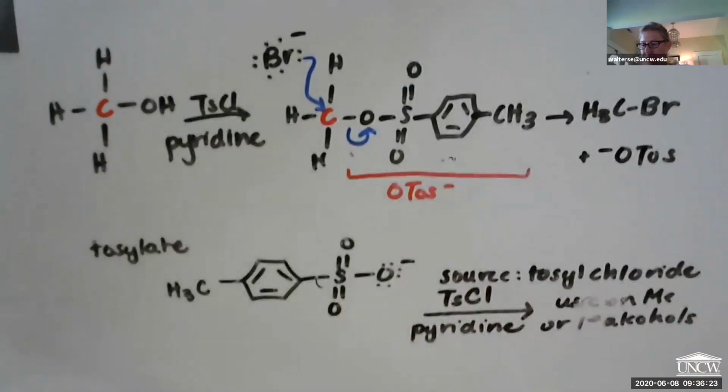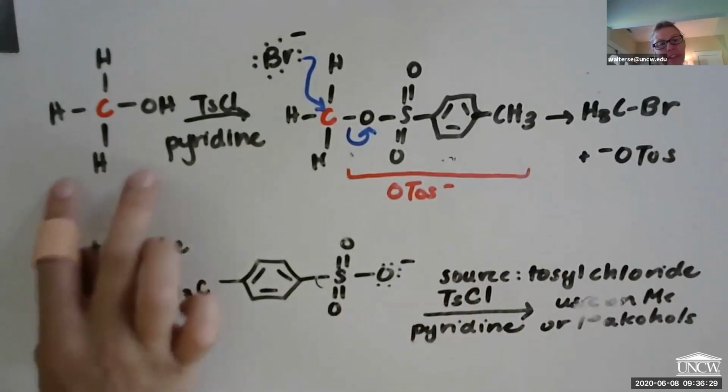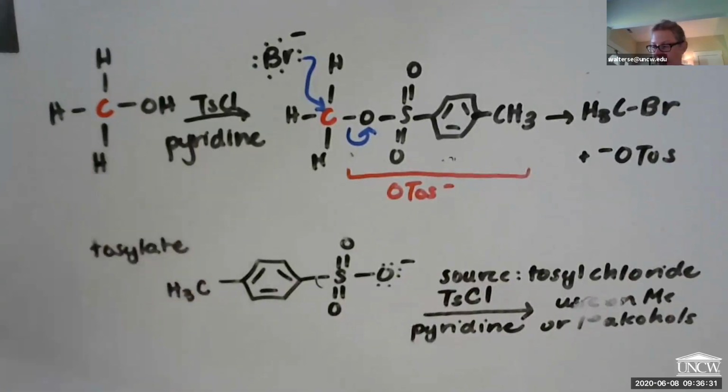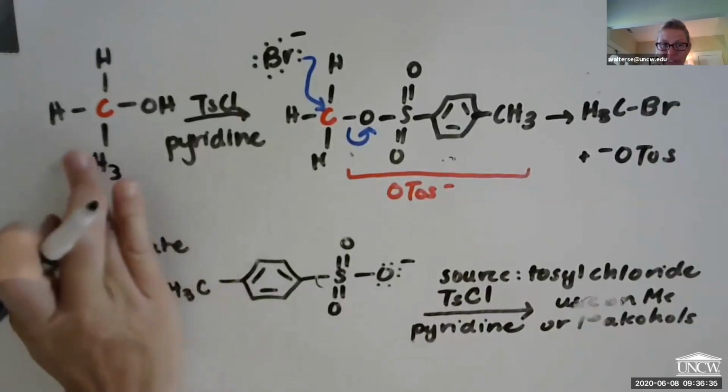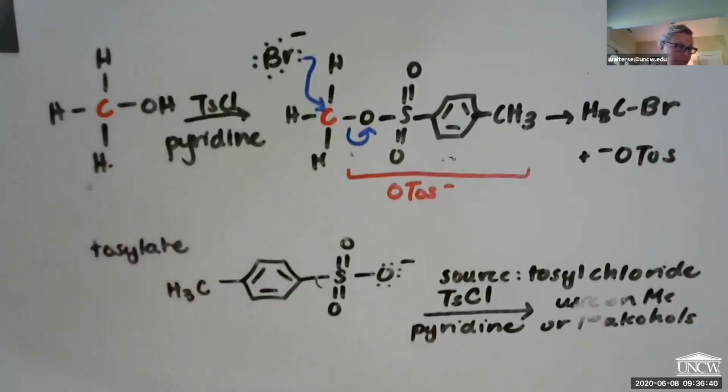That would have to go into organic waste. But that's how you would fix either a methyl, this is methanol, or if you had ethanol, it would work as well, as long as it's a methyl or a primary alcohol. Okay. All right, are there any questions on fixing bad leaving groups using tosylate?